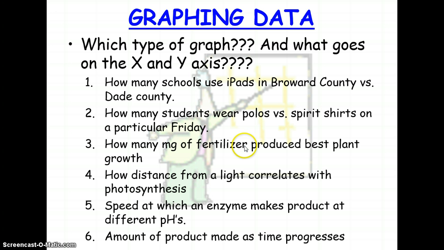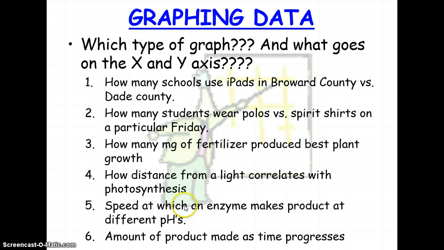Here, how many milligrams of fertilizer produced the growth? So the growth is what we're measuring. Fertilizer on the X, growth on the Y. How distance from light correlates with photosynthesis. We are changing the distance, that's our X. The amount of oxygen produced, or however we're measuring photosynthesis, that's our Y. And then the speed at which an enzyme makes product at different pHs.